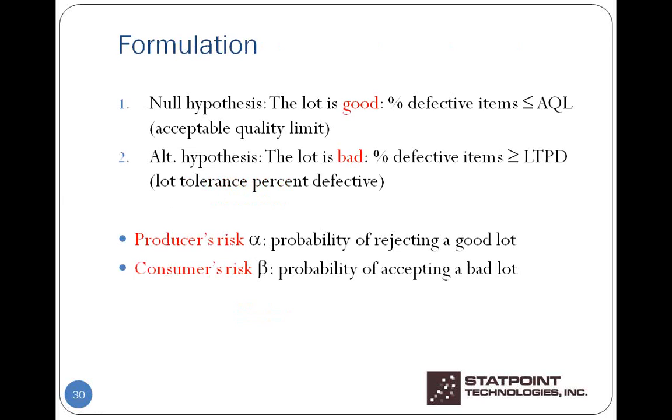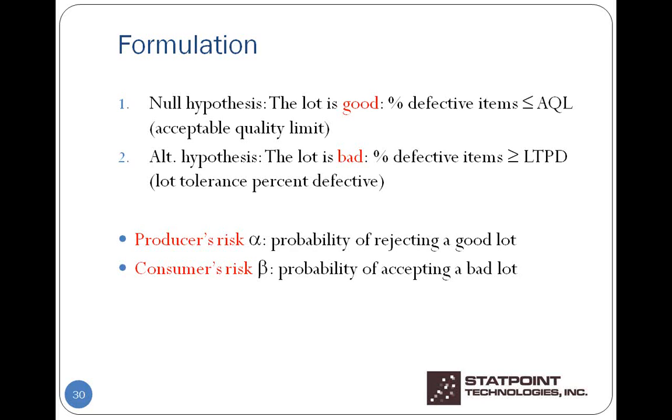In setting up an acceptance sampling plan, what we're going to do is define 2 hypotheses and use the power approach. I told you again, we have the margin of error method and the power method. This is going to be the power method. I'm going to set up 2 hypotheses. The null hypothesis will be the lot is good. The alternative hypothesis, the lot is bad. Now, I need to be a little bit more specific than that.